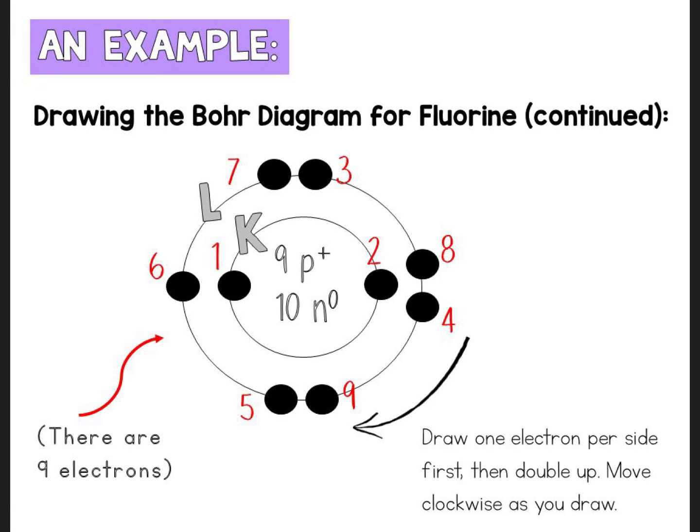So, since there are 9 electrons, we're going to put 2 in the first shell, and then we're going to put 3, 4, 5, and 6 all separated as far apart as possible in the second shell, before pairing up electrons with 7, 8, and 9. Notice how we still have 1 electron that is unpaired in the second level.